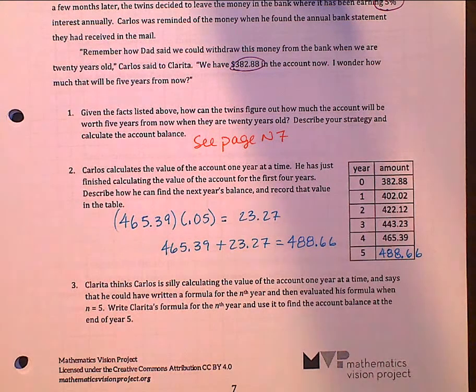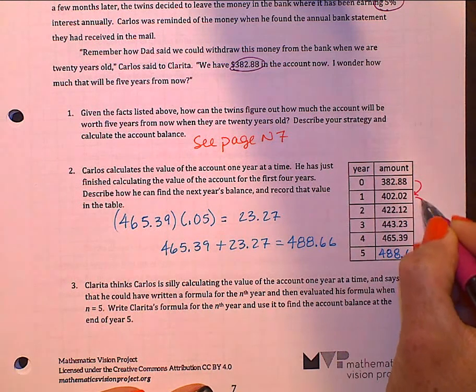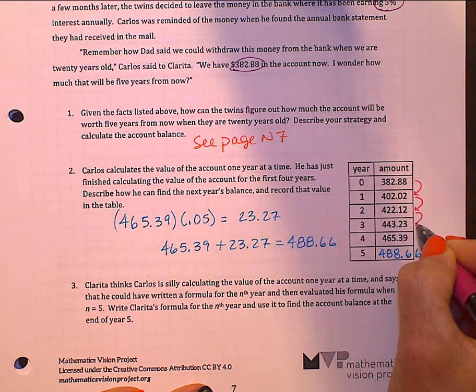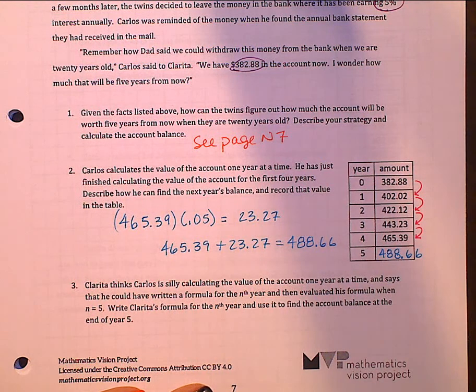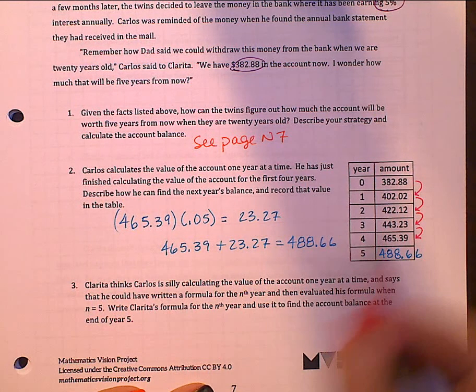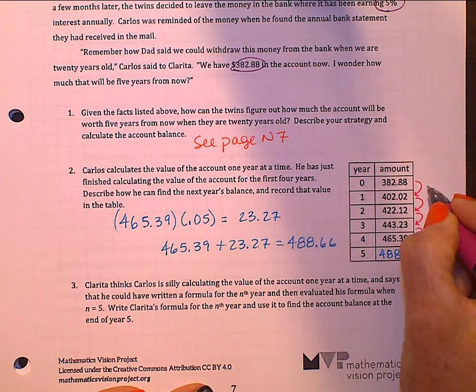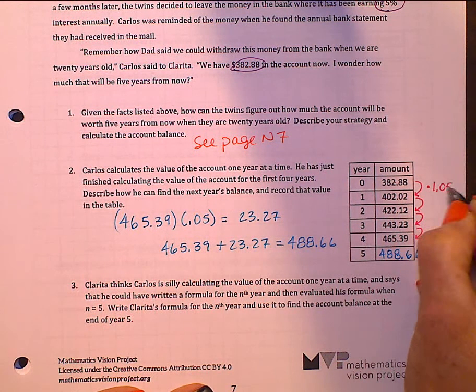Go use your calculator right now and see if you can figure out what we're multiplying by each time to get from one term to the next. Seriously, do it. On your calculator, divide out a pair of these. I don't care which one. Bottom divided by the one up above it. You should get that we're multiplying by 1.05.